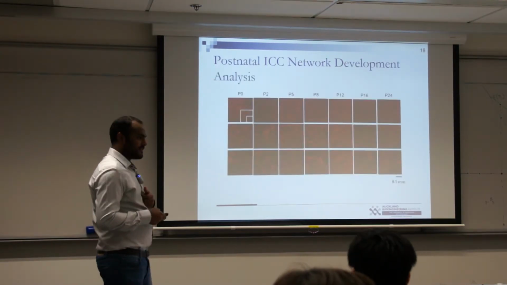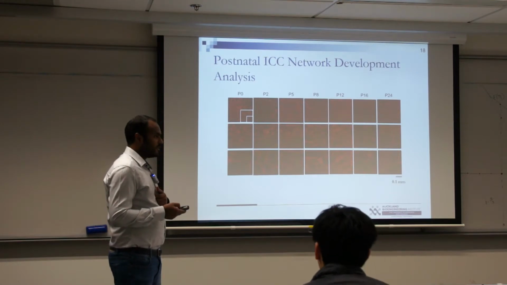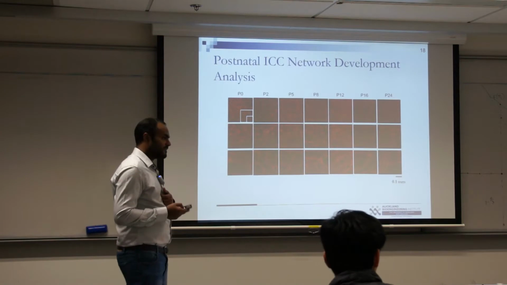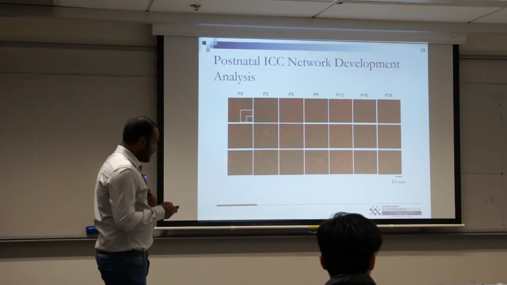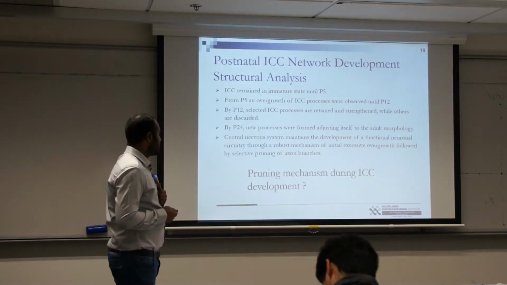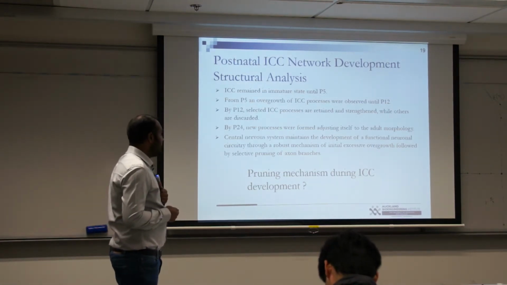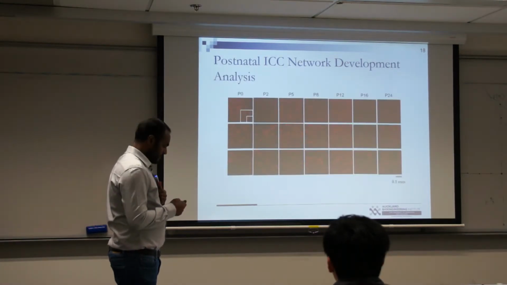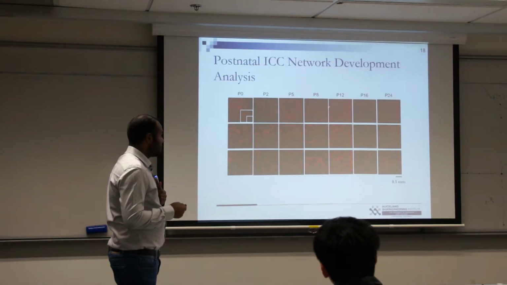We did a structural analysis with one of my colleagues, Jerry Gao, who has finished his studies here. He found that the ICC remained in an immature state until P5, that's age 5. From P5, overgrowth of ICC is observed until P12.